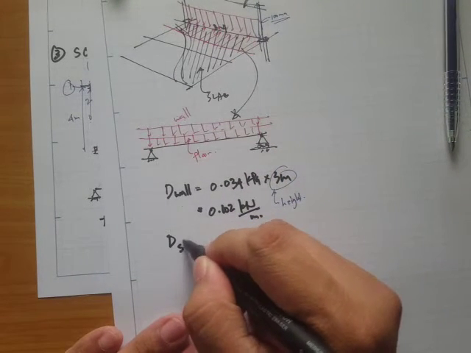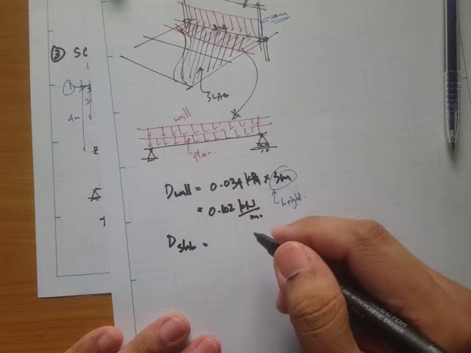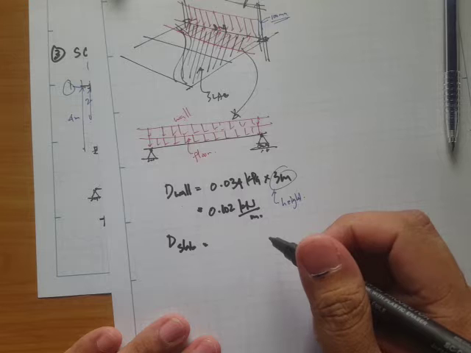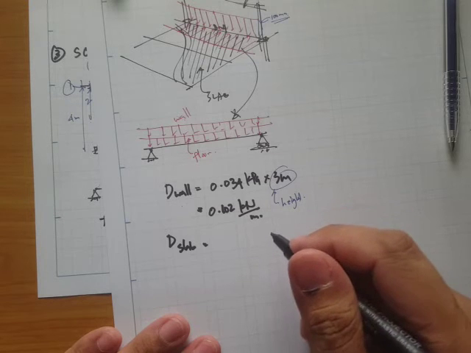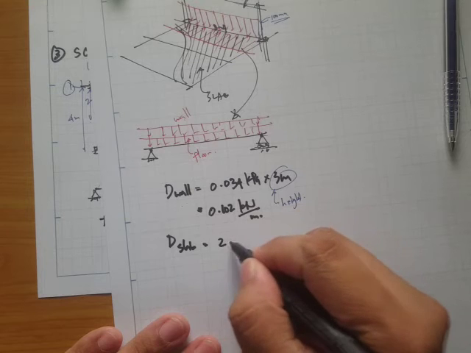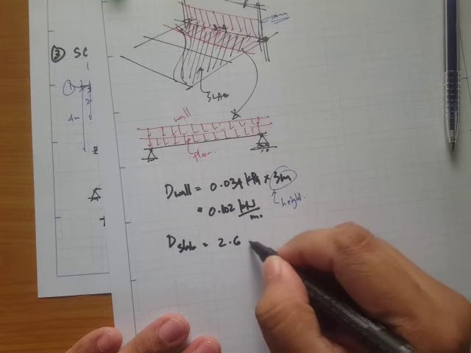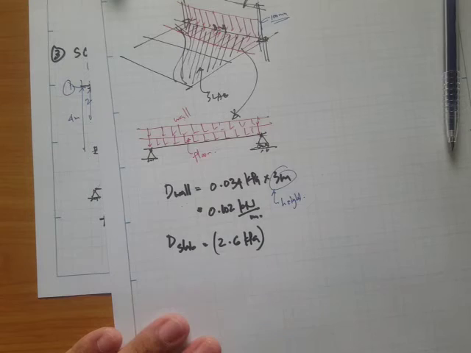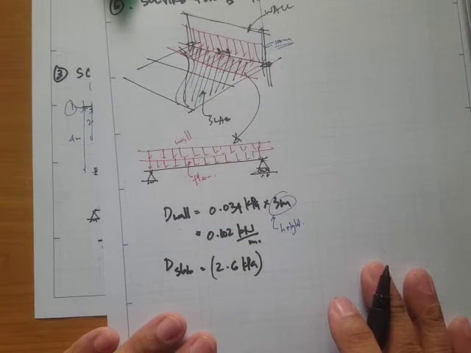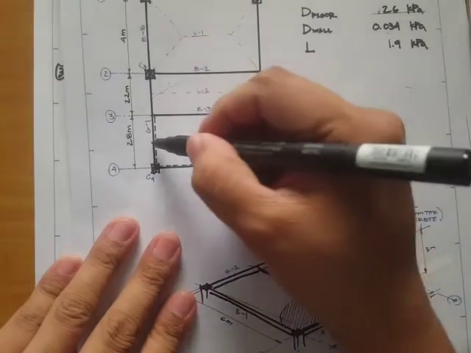Okay, so another dead load that we need is the dead load from the slab. From the slab, we have a value of 2.6 kPa. Okay, and we need to multiply that by the tributary width. But what is the tributary width for this beam number 4?